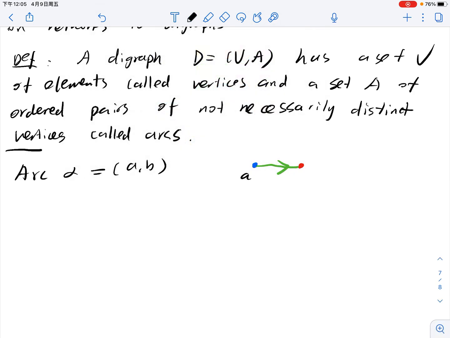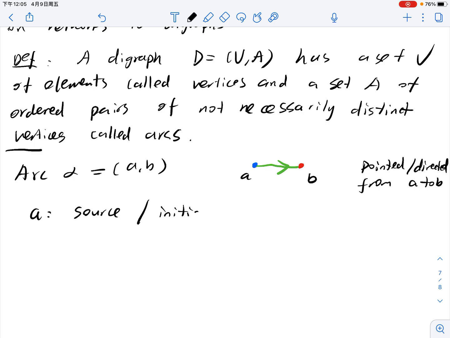This is A, this is B. And we use an arrow, meaning this edge is pointed or directed from A to B. And then we call A the source or initial vertex, or use the notation L alpha.